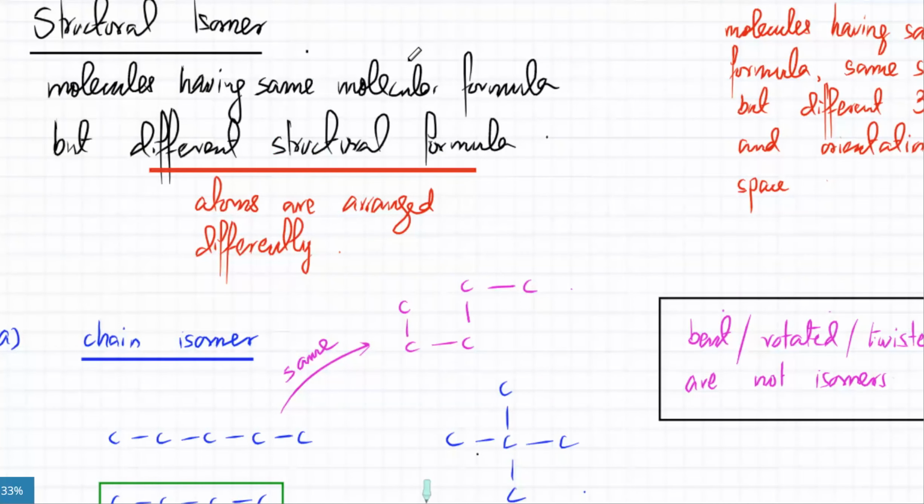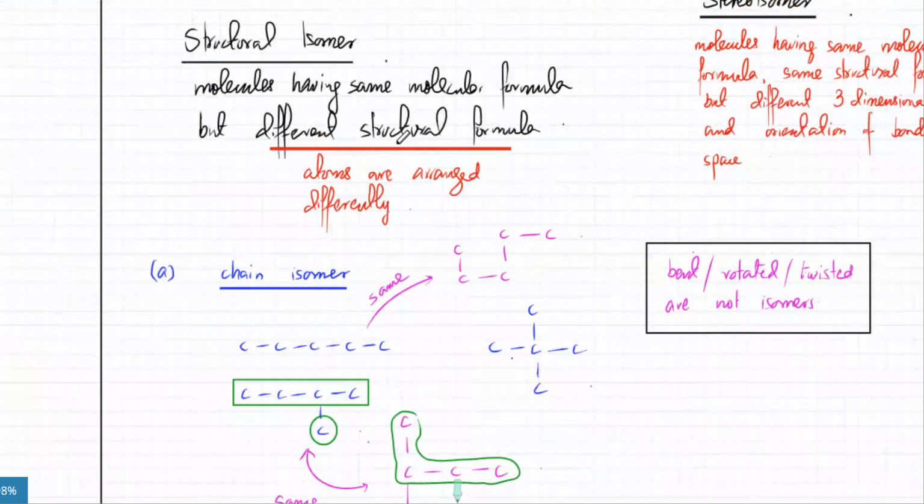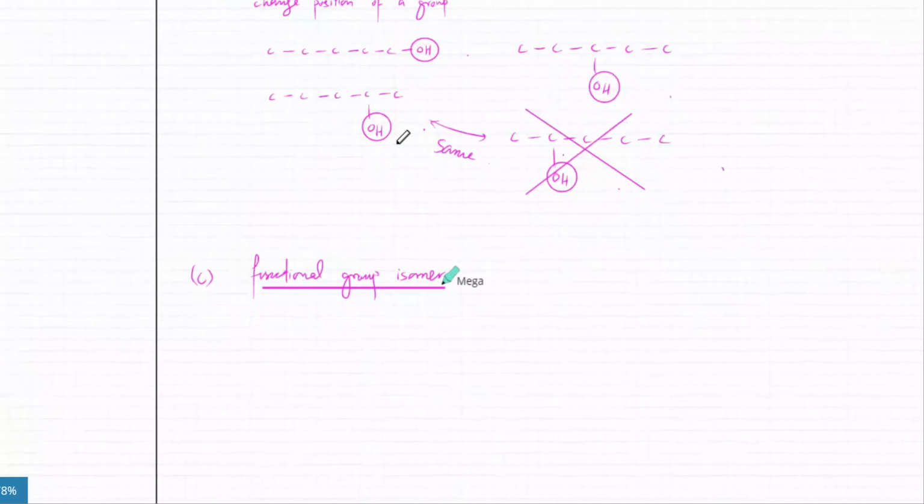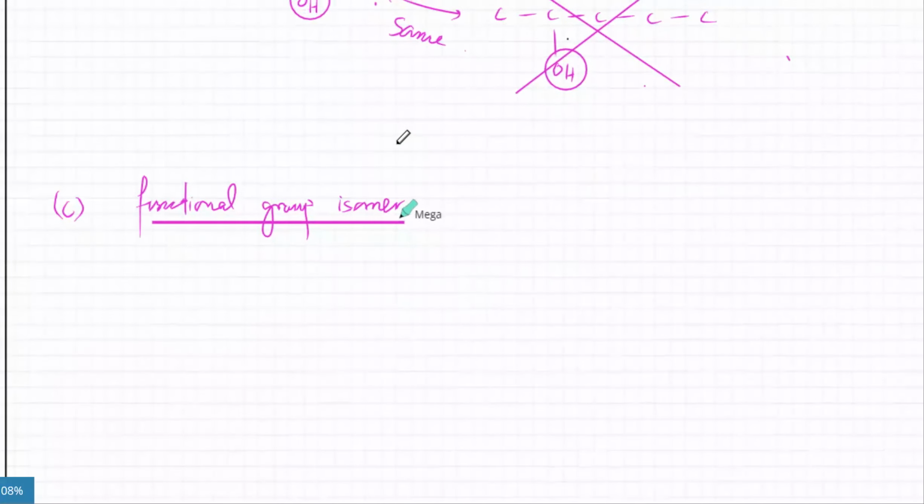You have the same molecular formula but a different structural formula. So you have the same number of atoms but a different arrangement of the atoms. You're free to arrange them in any order you like. You can change the carbon chain, you can change the position of the groups, and you can change the groups themselves.